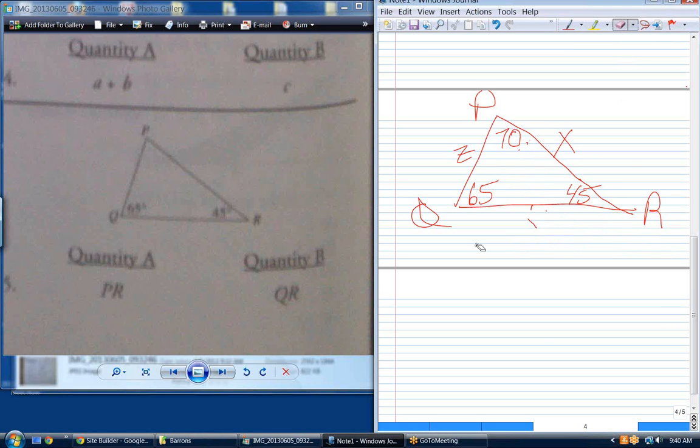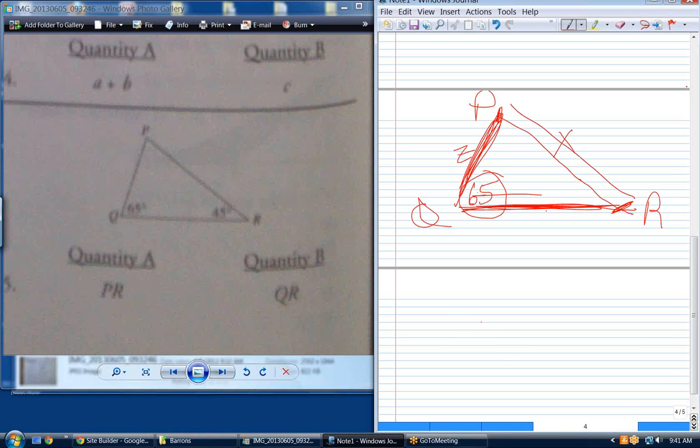Okay. Now, some people have a little bit of trouble with the opposite angle. The side that is opposite an angle is the side connecting the two rays of that angle. I make up this 65-degree angle with this ray here and this ray here. So whatever side connects those two points, that's the side opposite that angle.